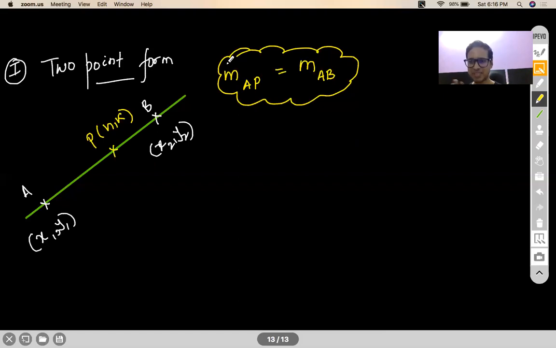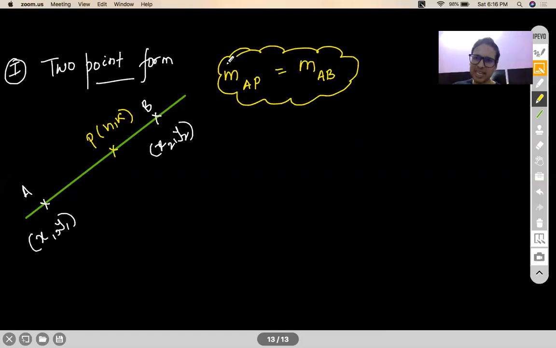Again, I'm repeating my statement. I'm claiming that the equation of the line connecting A and B would be the locus of a point P which moves in such a way that if you calculate the slope of AP, or for that matter BP, it would be the same as the slope of the other two.